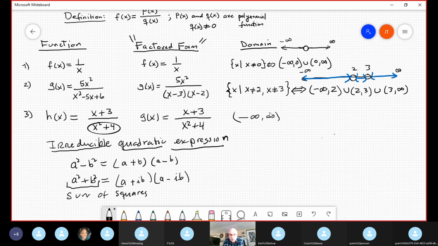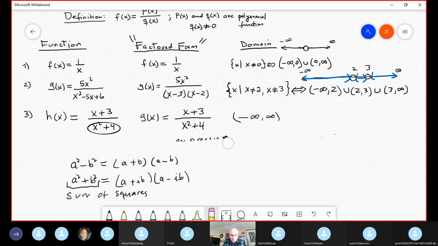Unbelievable, but it's true. When you have an irreducible quadratic expression in the bottom, the domain is all real numbers. Did everyone follow me? Something weird, something confusing, something you need to clarify? No, it's easy, right? Okay.